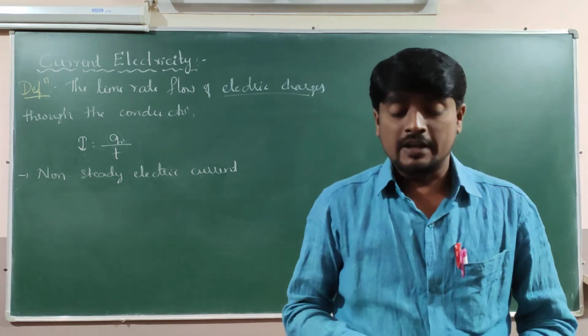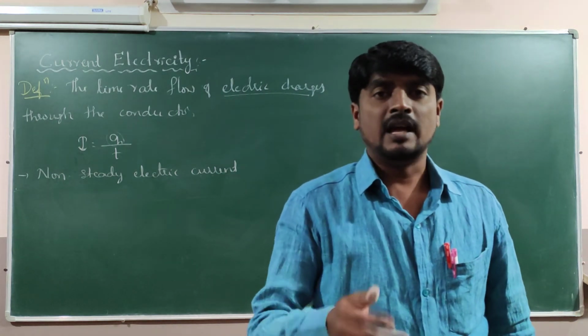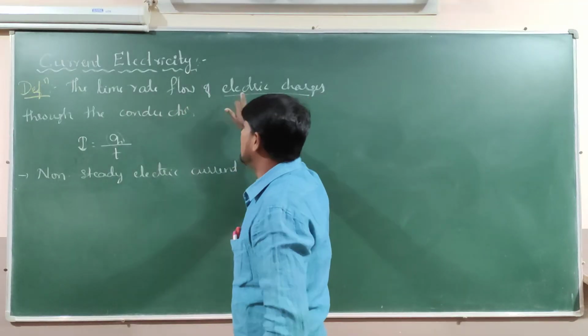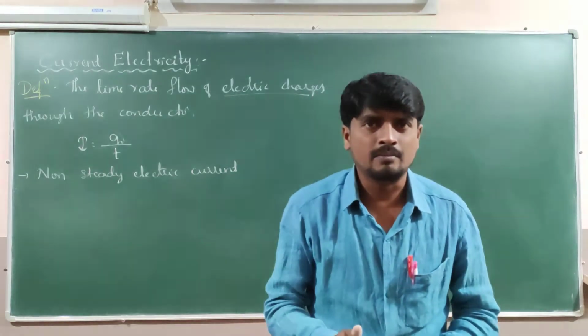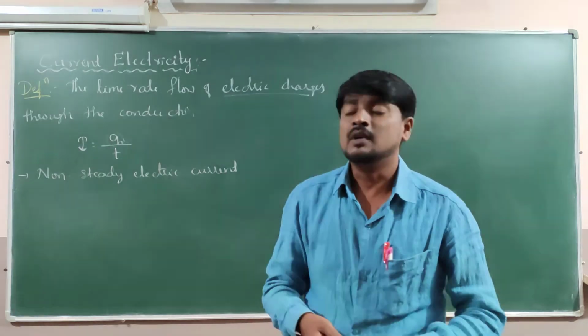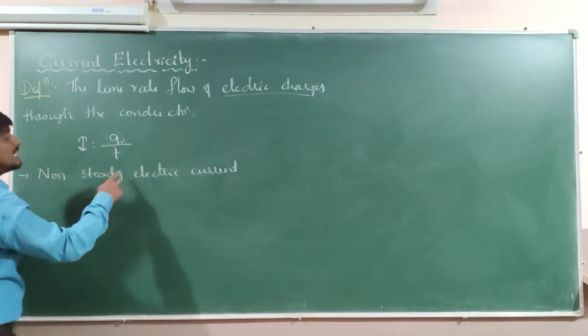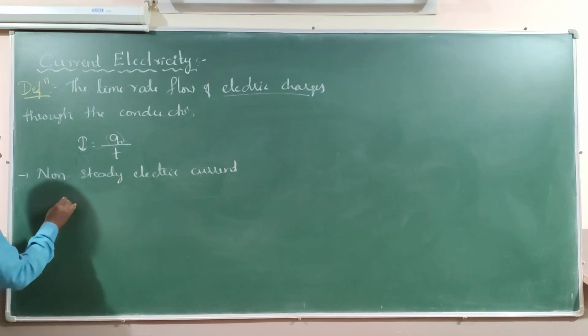That means every instant of time. At every instant of time, the time rate of flow of electric charge is not uniform. It is varying according to the time. So to calculate the current at non-steady time, I can use the instantaneous current.